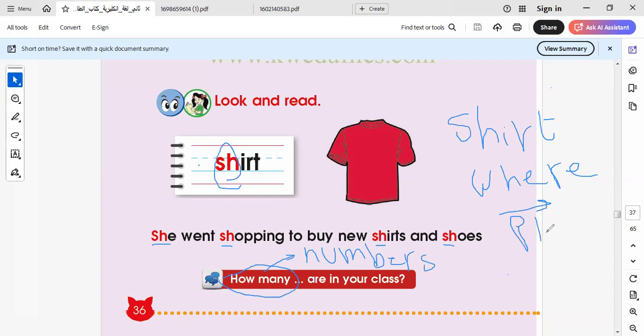You are clever pupils. How many asks about numbers. So in this unit, we learn two question keywords: how many to ask about numbers, and where to ask about place. Okay, let's go to another item in this unit.